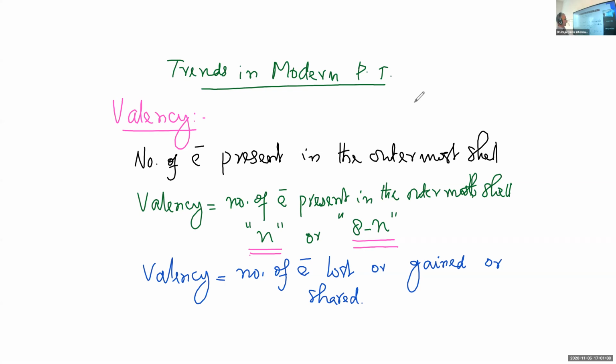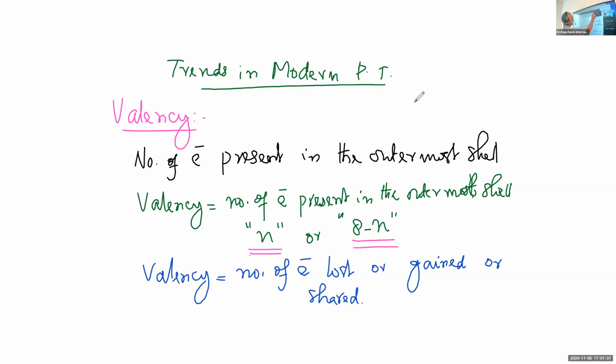So valency is equal to the number of electrons lost, or gained, or shared between atoms during chemical changes. It is the same as the number of electrons present in the outermost shell, n, or 8 minus n, where n is the number of electrons present in the outermost shell.